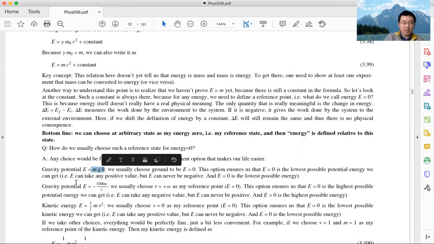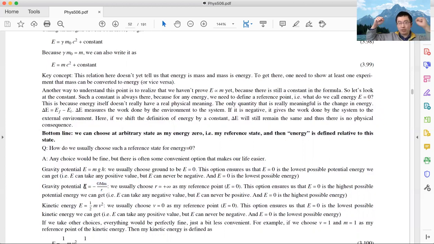Similarly, for gravity potential, if we write it as in Newton's gravity law, G mass divided by the distance r, again, when we write down this formula, we choose a reference point. That reference point for this formula is infinitely far away.